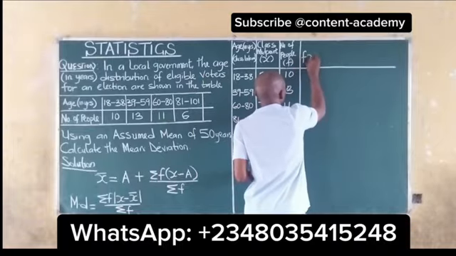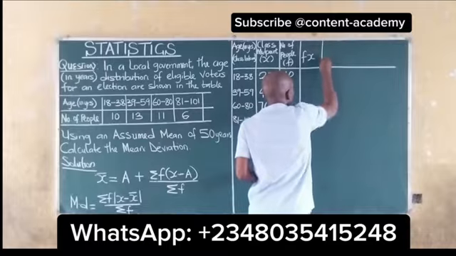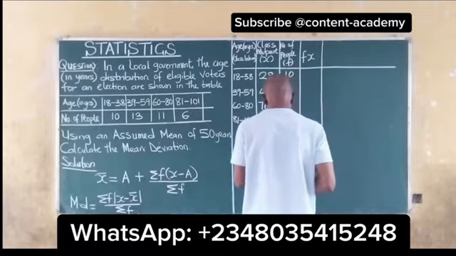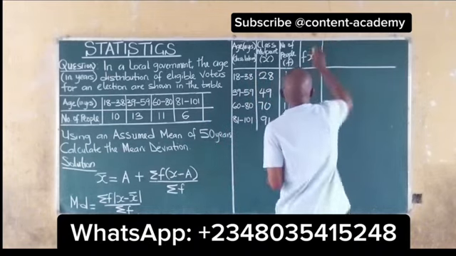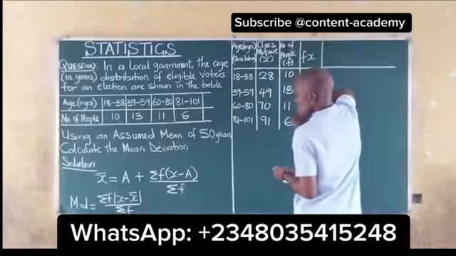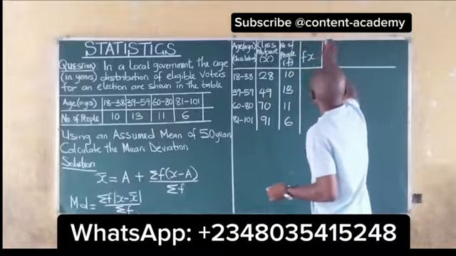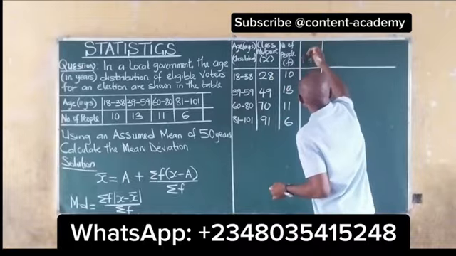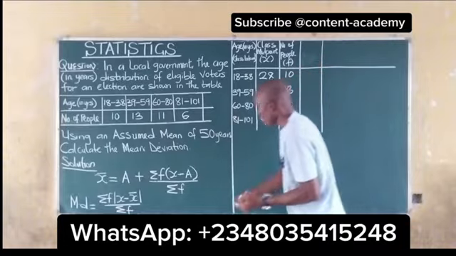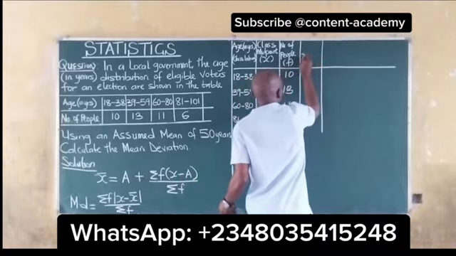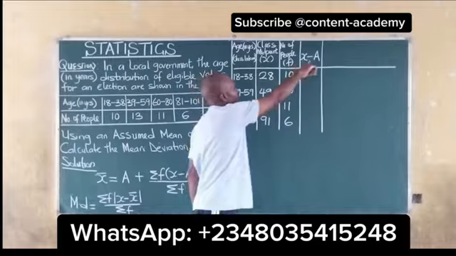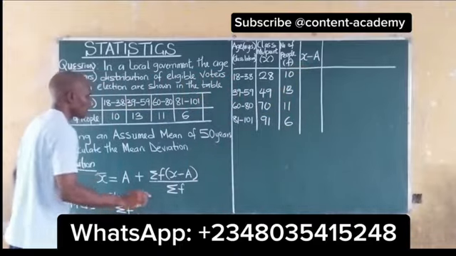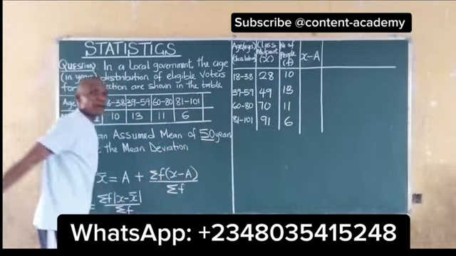Now, since we have x minus a, we say x minus a. Here a is the assumed mean, and our assumed mean is 50.